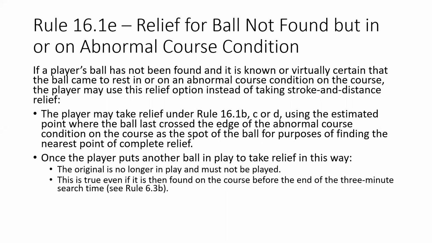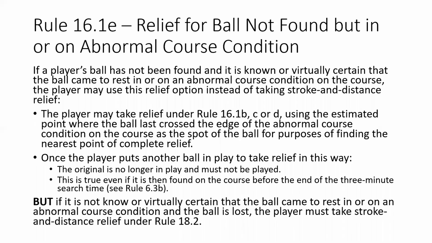All right, and then basically the same options that the player has if they did find the ball would be in play here if they have virtual certainty. But if they don't have virtual certainty, then they're going to have to go back under stroke and distance. So we have to have that known or virtual certainty. There could be other situations too.